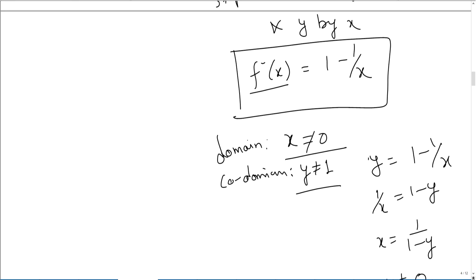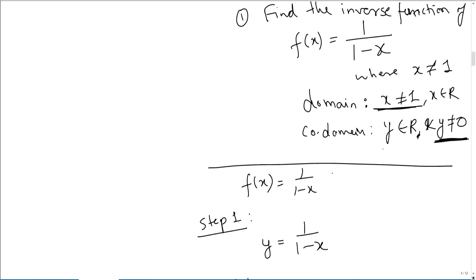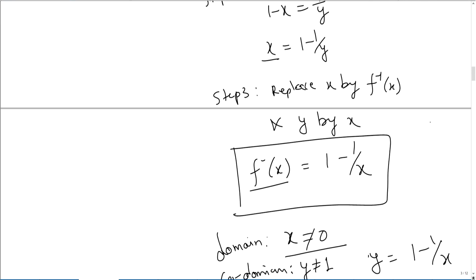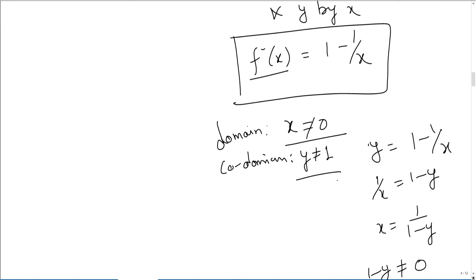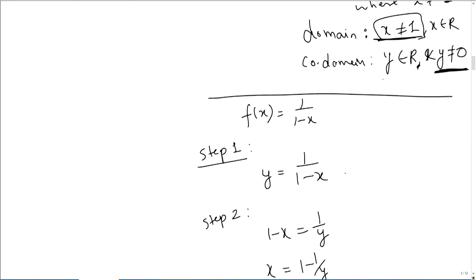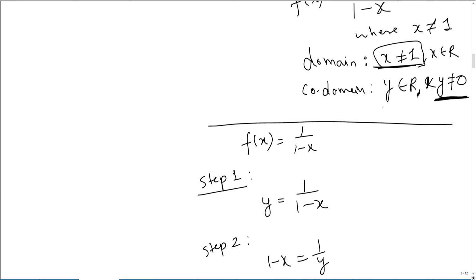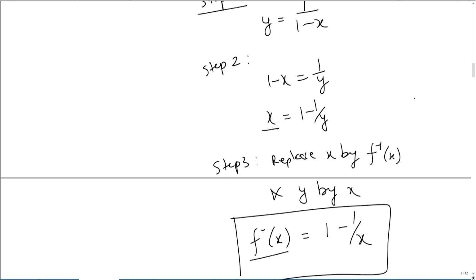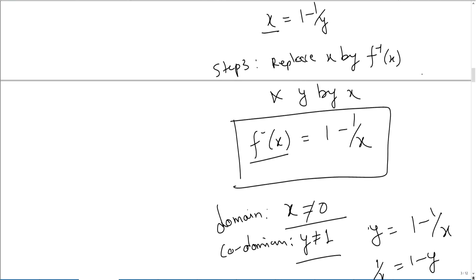For an inverse function, the domain of the function becomes the codomain and the codomain becomes the domain. So, in our function, the domain was x cannot take the value 1. This becomes the codomain. Now, the output variable cannot take the value 1. And whatever was the codomain earlier, that the output cannot be equal to 0, that becomes the domain, that x cannot be equal to 0.